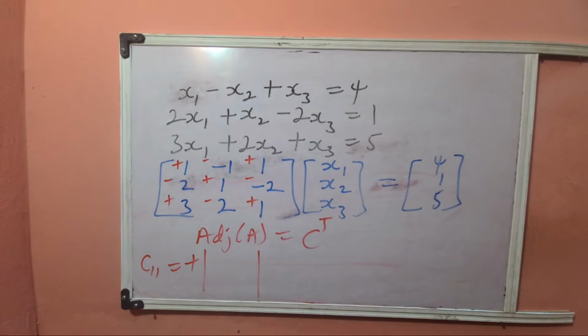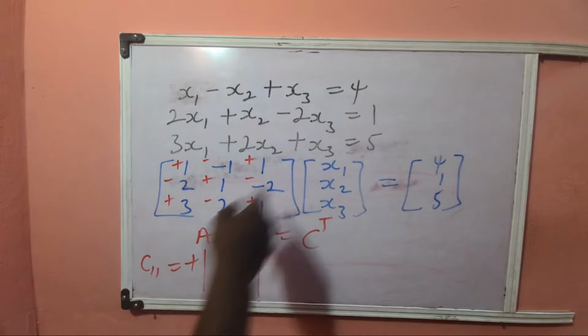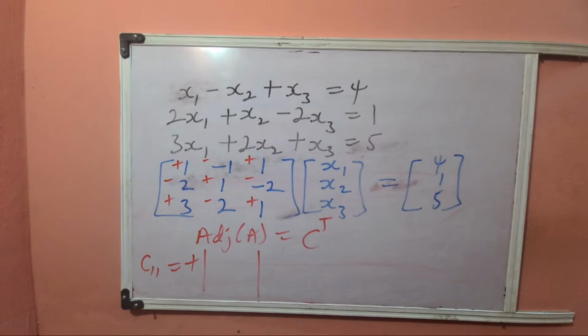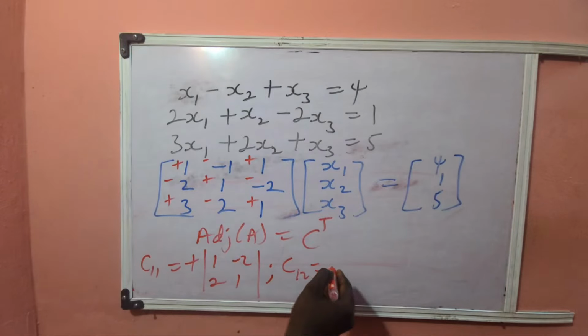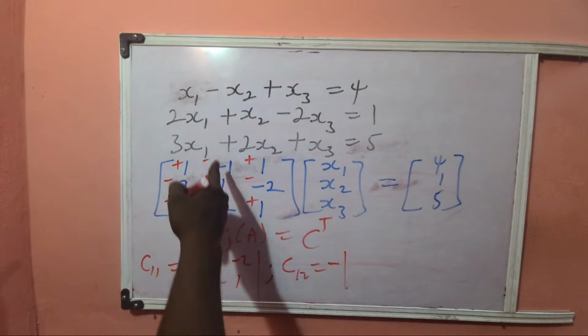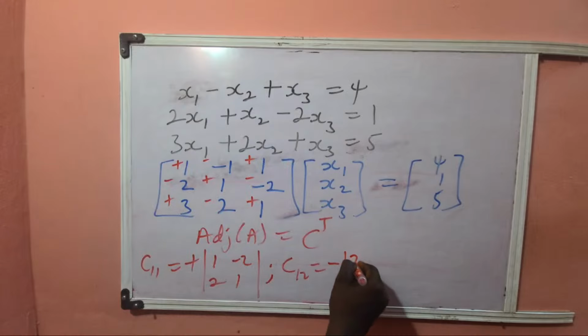We close column 1, row 1, and we put in the determinant of 1, -2, 2, 1. I will just fill in everything, then we can solve together. Our cofactor 1,2 will have minus, and this will be the determinant of 2, -2, 3, 1.